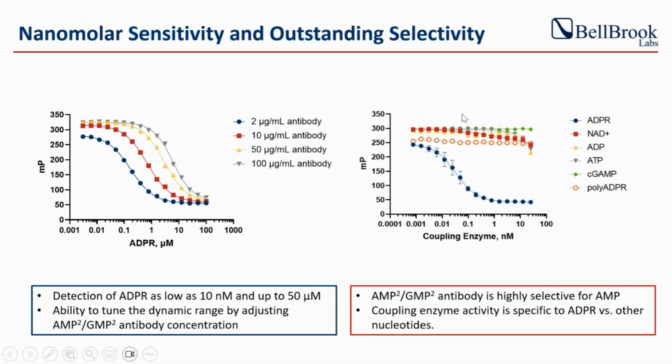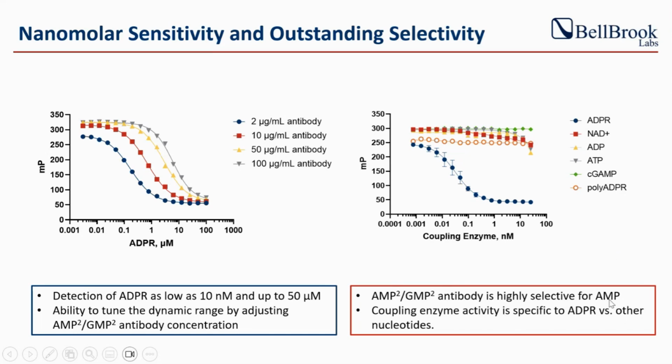And the second graph, I want to tell you about the selectivity of the assay. Before going to this graph, I would like to say the AMP2/GMP2 antibody is a well validated antibody in our AMP2/GMP2 Transcreener assay. This antibody has very high selectivity for AMP compared to ADP or ATP, more than several thousand-fold.